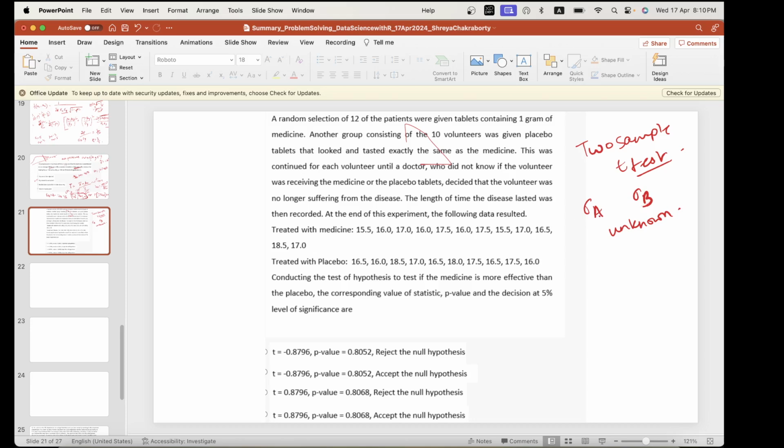Since sigma A and sigma B are unknown, we are going to get a pooled estimator, if you remember. So then the test statistic becomes like this.